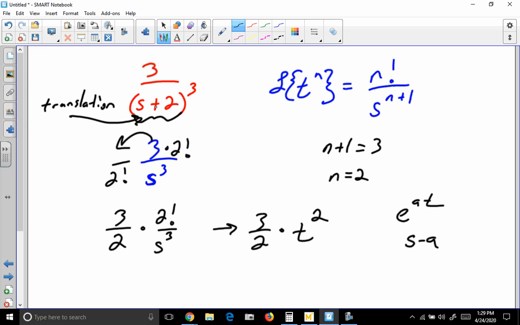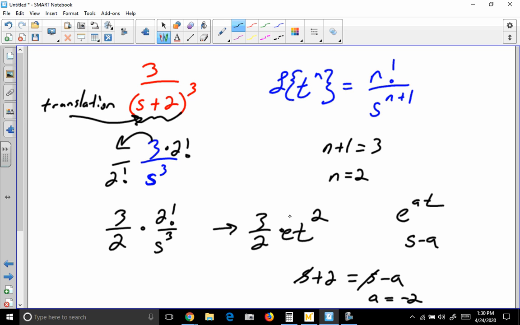So what number is being subtracted from s here? s plus 2 equals s minus a. So essentially, what would that make a? If we subtract s from both sides, those cancel. If we take the opposite, a is going to be negative 2. So this has been translated 2 units in the negative direction by an e to the at.